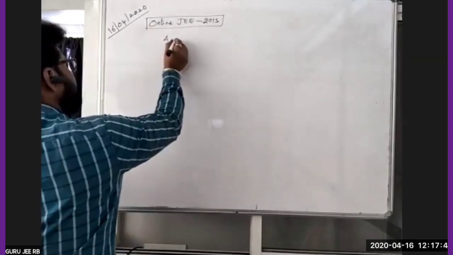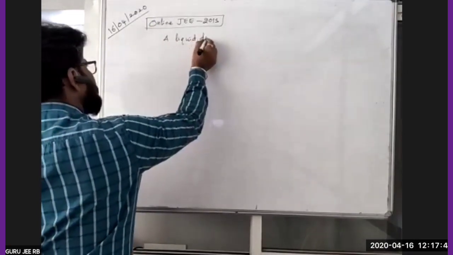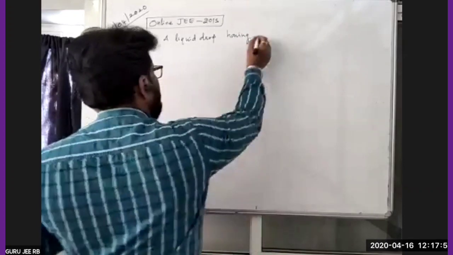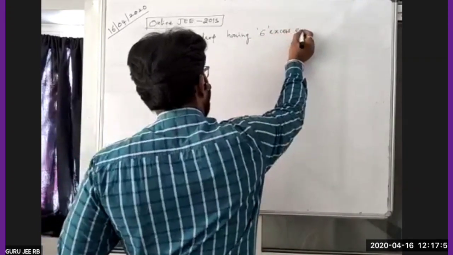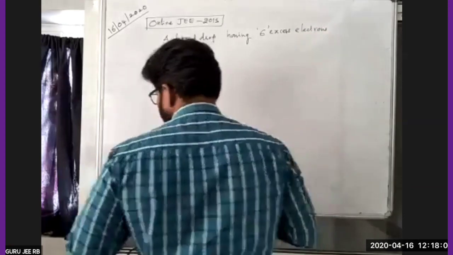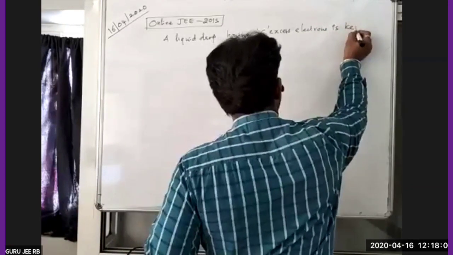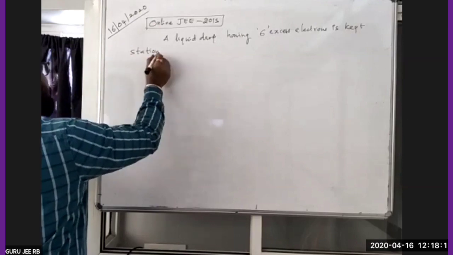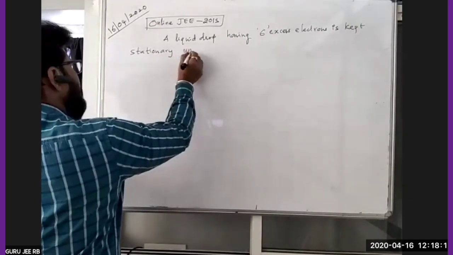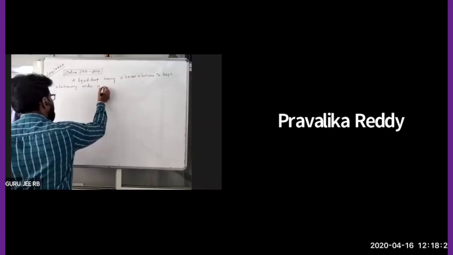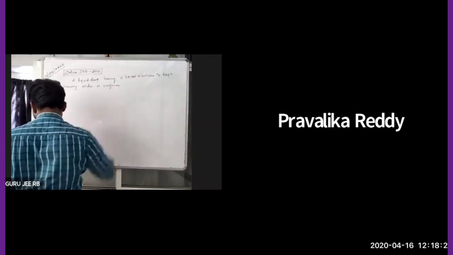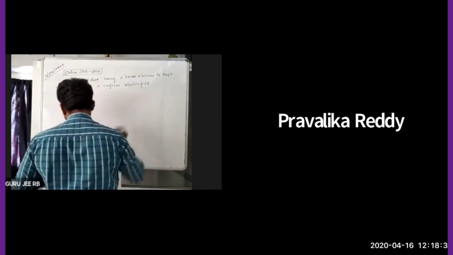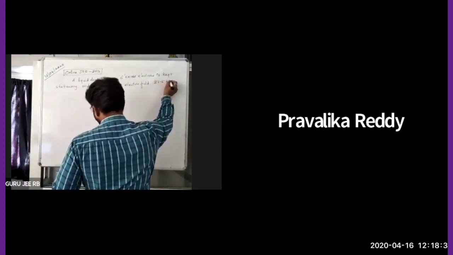A liquid drop having 6 excess electrons is kept stationary under a uniform electric field of 25.5 kilovolt per meter.